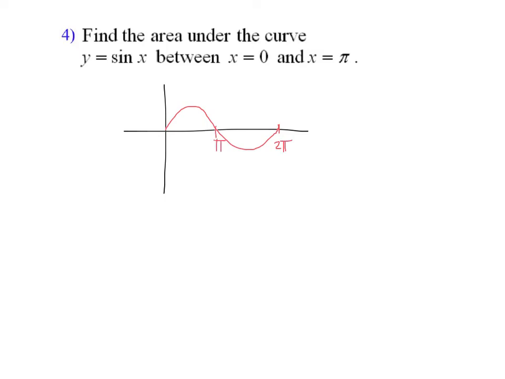We're finding the area between 0 and pi, so that means we're trying to find this area here, and the amplitude is 1. So that area is equal to the integral of sine x dx between pi and 0.